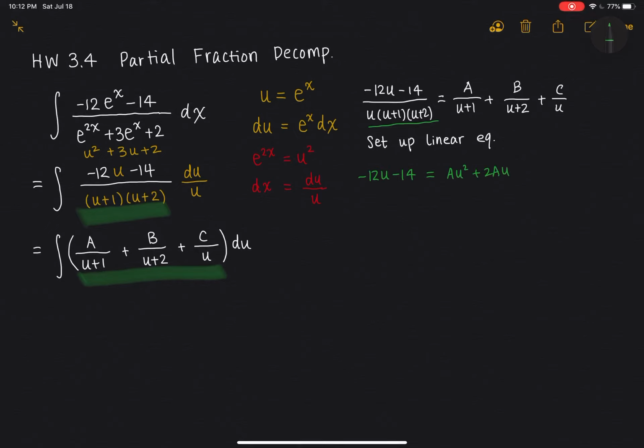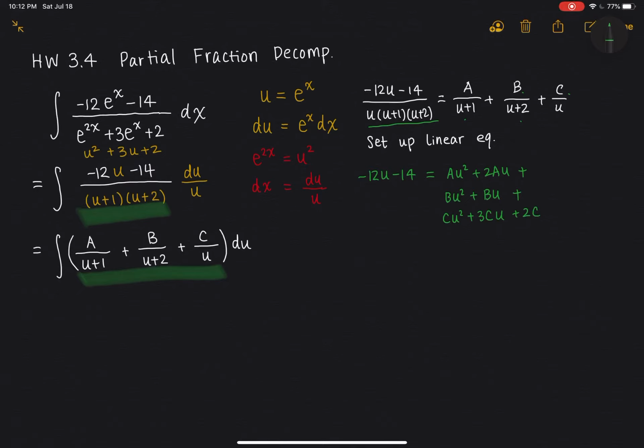Then the next thing is b times u plus 1 times u, so it's b u squared plus bu. Then the last one is c times u plus 1 times u plus 2, so it's c u squared plus 3cu plus 2c.